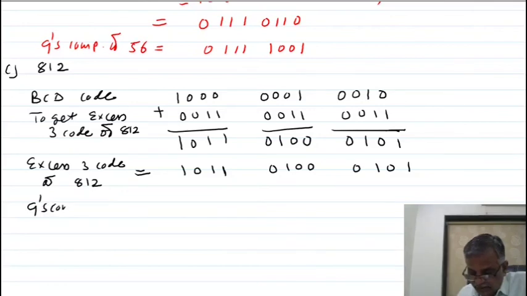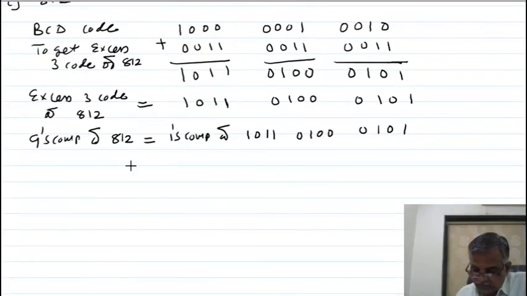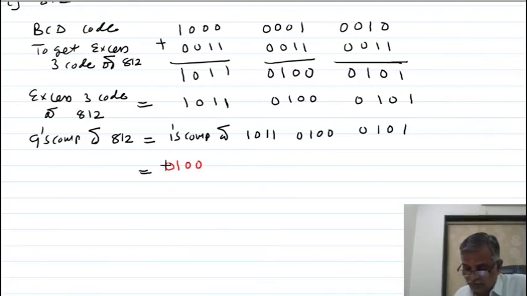Ninth complement of 812 in XS3 code is first complement. First complement of 1011 0100 0101. So I have to write 0100 1011 1010.